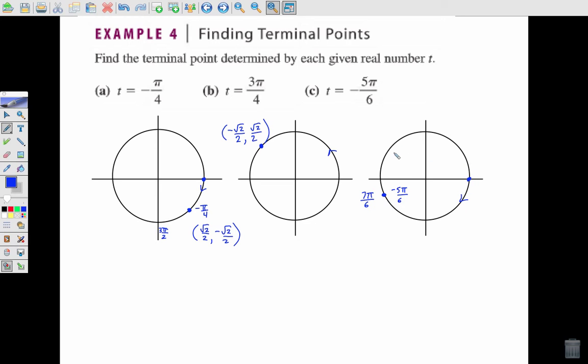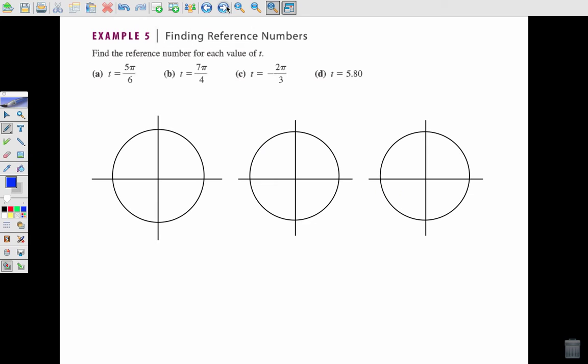Negative 5 pi over 6 in this direction is the same as moving 7 pi over 6 in this direction, and that's going to bring us to the point negative root 3 over 2, comma negative 1/2. So these are the terminal points for these given t values.